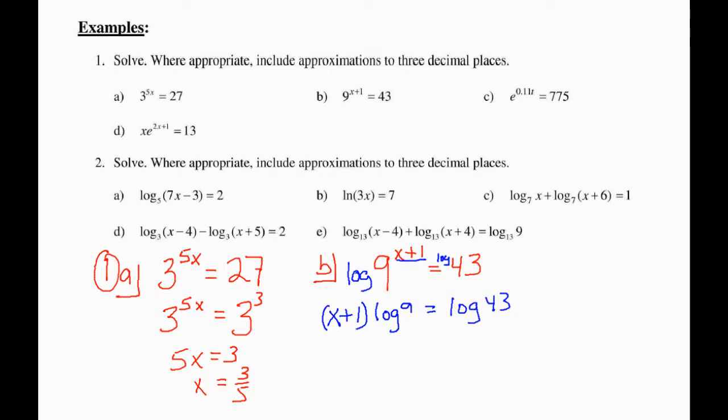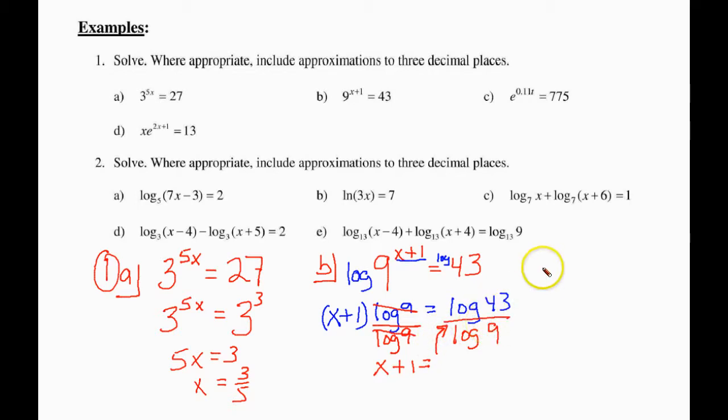Now, what do you do? Well, we can actually divide now both sides by the log base 10 of 9. These will cancel out on this side, and I'm left now with x + 1 equals this over here.